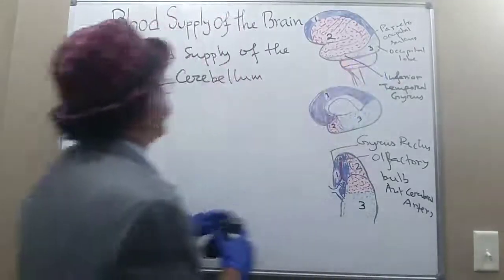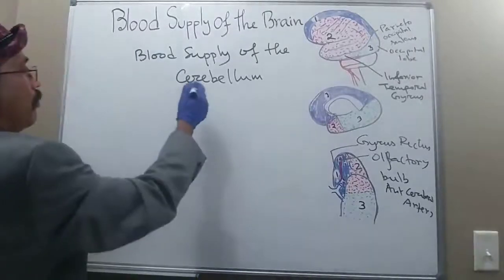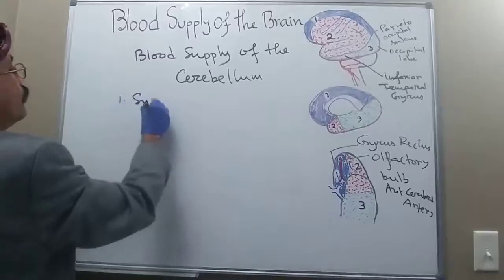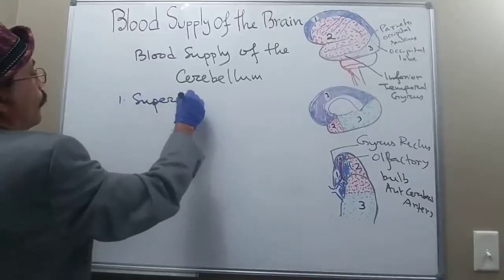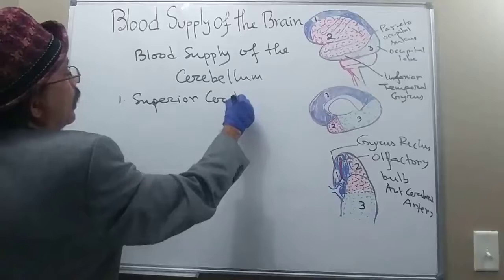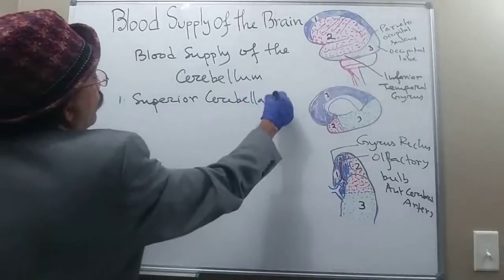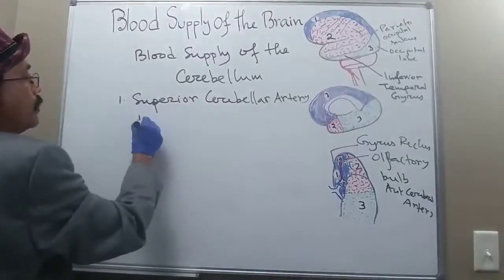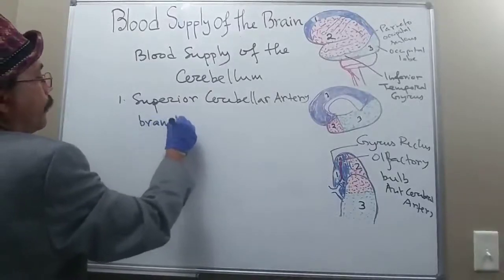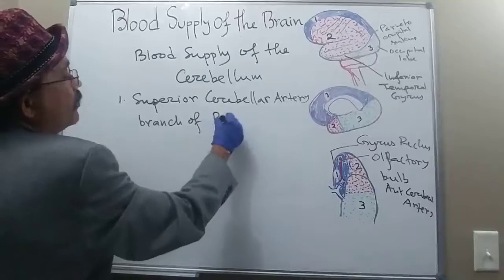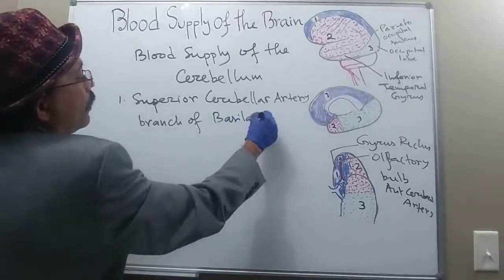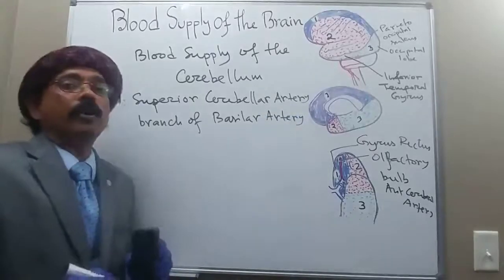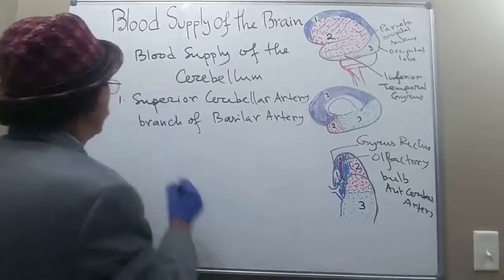This is cerebellum. What is the contribution? Blood supply of the cerebellum is done by the superior cerebellar artery, and this is a branch of the basilar artery. We know that the basilar artery is formed by the union of two vertebral arteries.